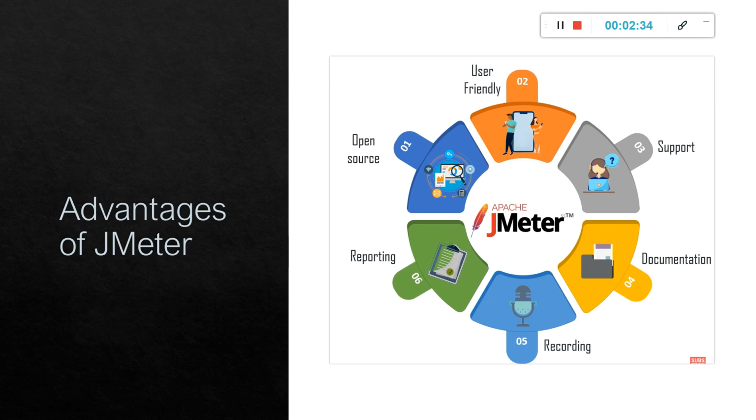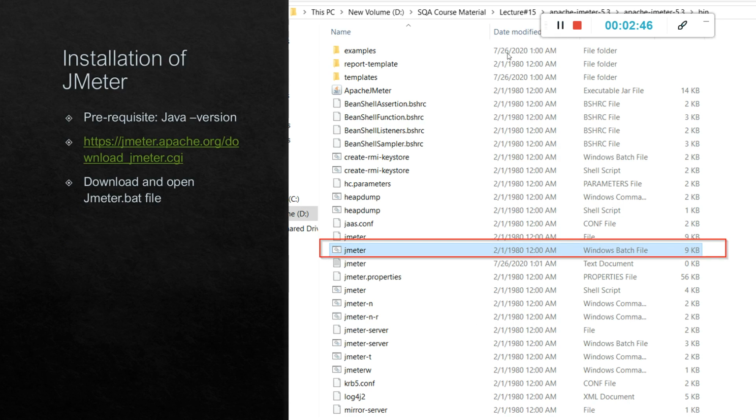Also there is good documentation, and we can record our application and then analyze its performance. We have different reporting facilities. JMeter is also very easy to install. We just need a Java version, and then we need to download and open the jmeter.bat file. So I will show you how we can do it.